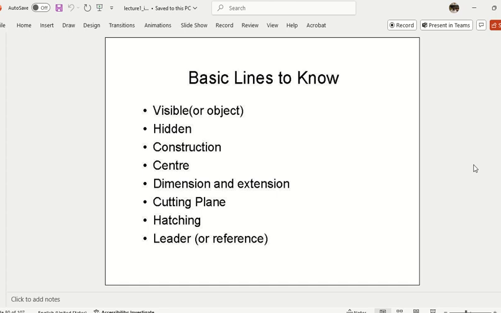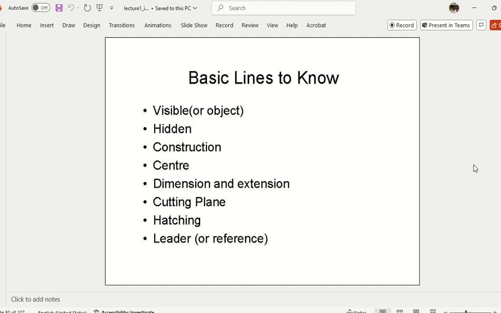Is the section here and here the same? If I cut the section here, is it the same as a section here? No, you can see the size change, right? So whenever we draw a section, I have to show where I cut it. I have to show where my cutting plane is. Take another example, this chair.